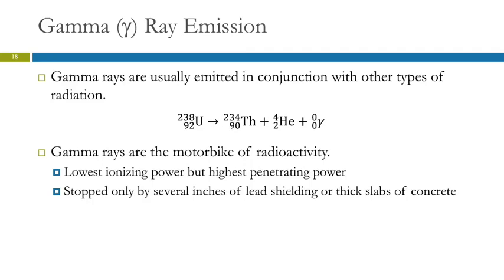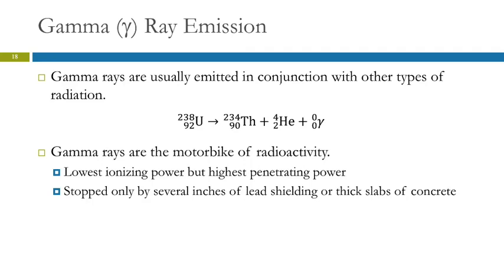So in order to stop it, it takes several inches of solid lead, or very thick slabs of concrete. So this stuff just goes through almost everything. But when it hits you, it doesn't have the damaging power that alpha and beta radiation have.